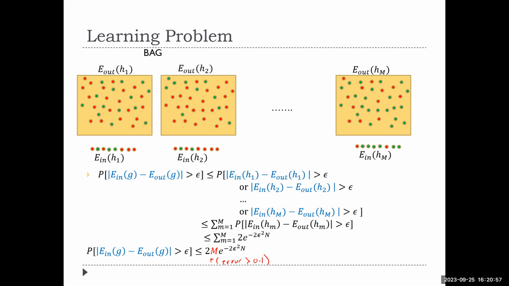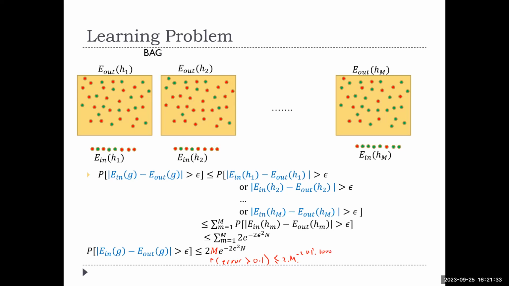I don't want high error, but let's say my error is greater than this one, is 2 times m, minus 2 epsilon squared n, where n is, I pick 1000. So I can compute this in this way. The probability of error being greater than 0.1 is this one. So I want this probability to be a small number. I don't want the error to exceed this 0.1 error. I want to keep it as small as possible. That's my logic.